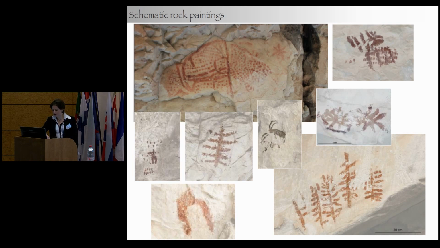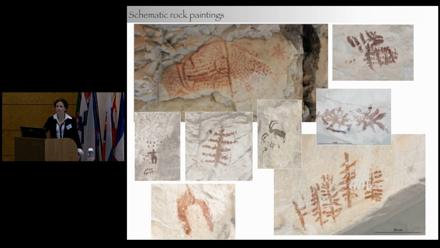More specifically, we can find some engravings, but also some paintings, mainly created with mineral pigments, hematite pigment or natural pigments. That means that we can't do any absolute dating on this paint.